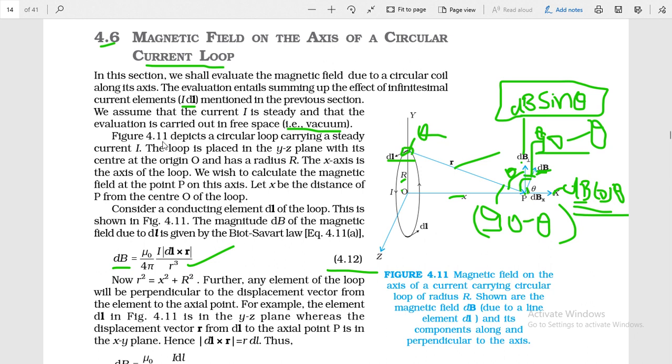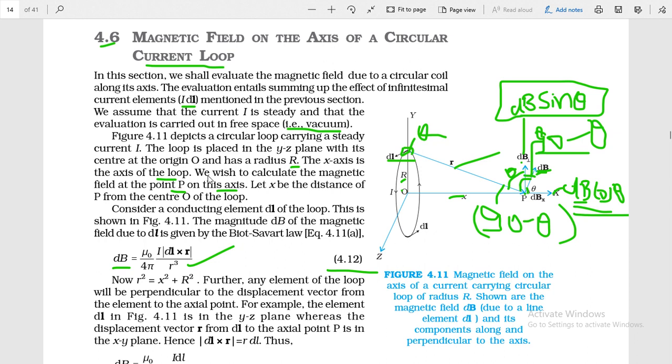Now figure 4.11 depicts a circular loop carrying steady current I, and the loop is placed in the YZ plane with its center at origin O, and the radius of this loop is capital R. The x-axis is the axis of the loop. We wish to calculate the magnetic field at point P on the axis.